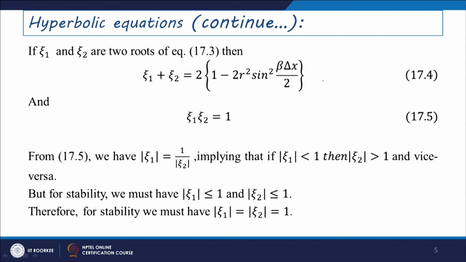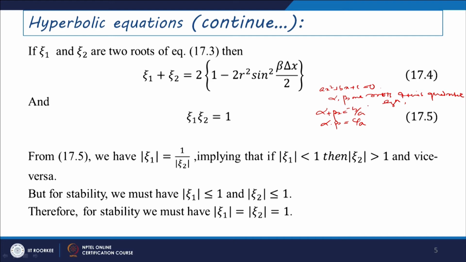So, if the equation is in the form ax square plus bx plus c equals 0, usually if alpha and beta are roots of this quadratic equation, then we write alpha plus beta equals minus b by a and alpha into beta equals c by a.